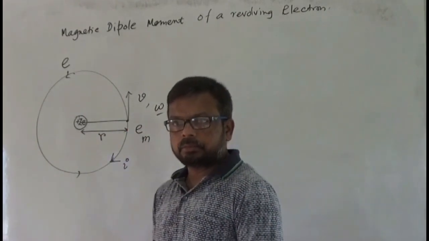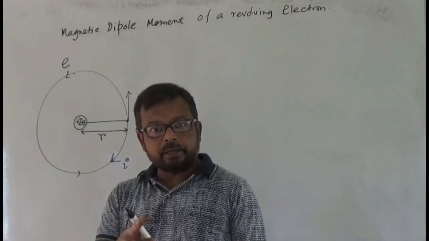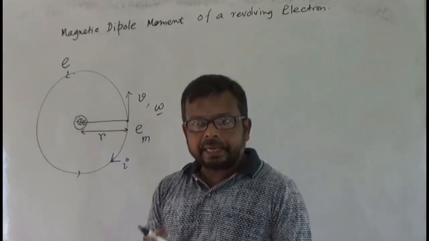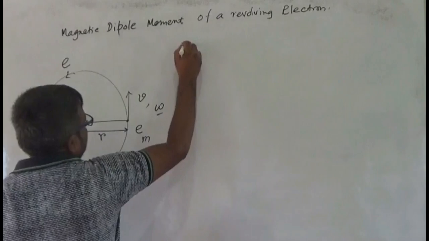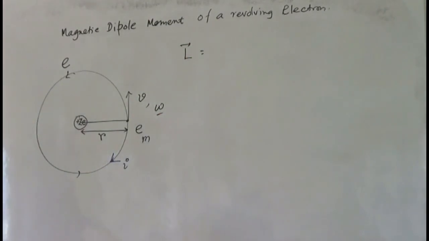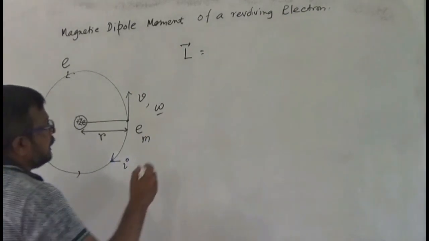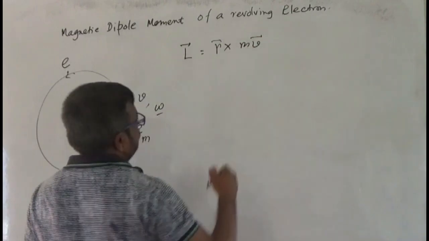Therefore, we know that there is an angular momentum of the electron. L is equal to what? What is L? L is r cross p, where p is mv.